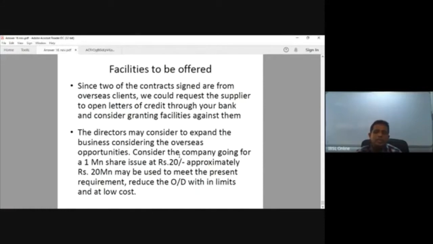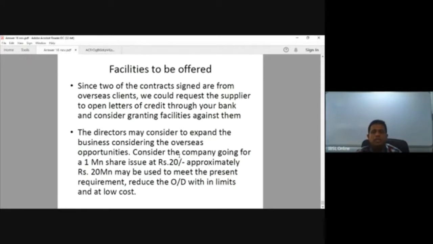LC facility you can consider, because overseas clients are there. You can ask the company to have them opened via your bank, and you can take the facilities into account. The directors may consider expanding the business considering the overseas opportunities.